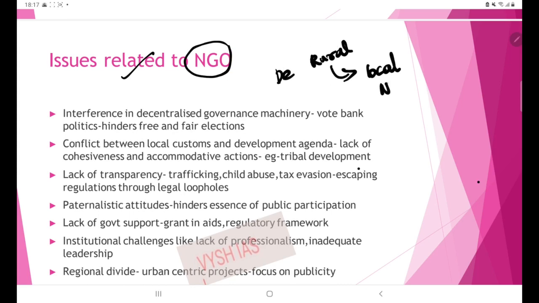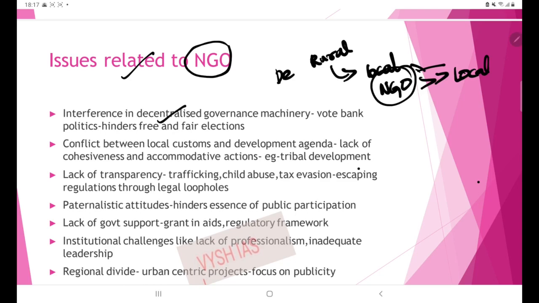So these NGOs will be becoming more powerful than the local bodies over there. So this is not actually suitable for a good democracy. Actually, they have to work hand in hand. NGOs shouldn't be over-dominating the local government established by elections. So it is the interference in decentralized governance machinery.